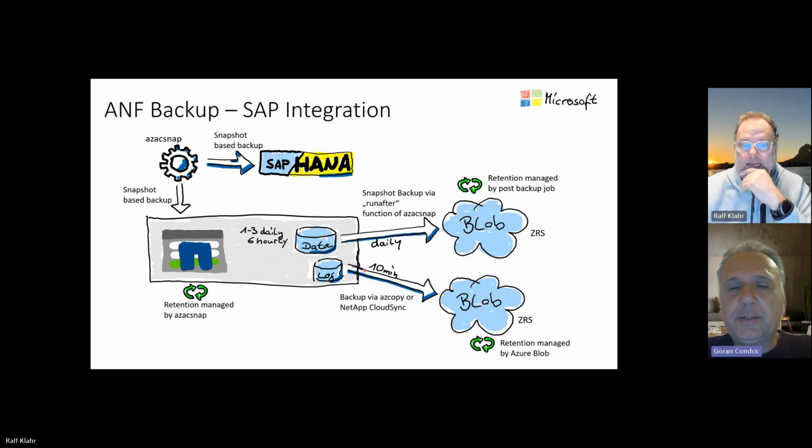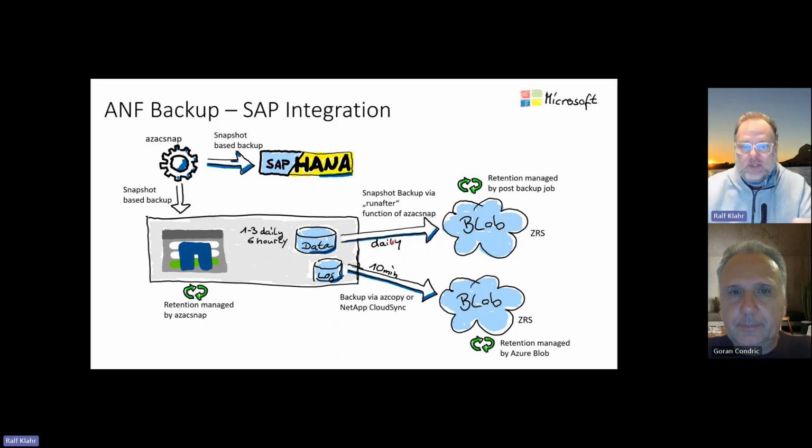And retention is basically the Azure blob. Yeah, go on. Azure blob is zone redundant blob here in this case. Yeah, and that can be, for example, in the same location where you store your ANF backup blob. For the data, you can choose between hourly and daily.